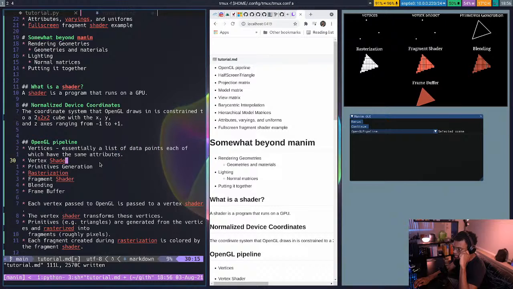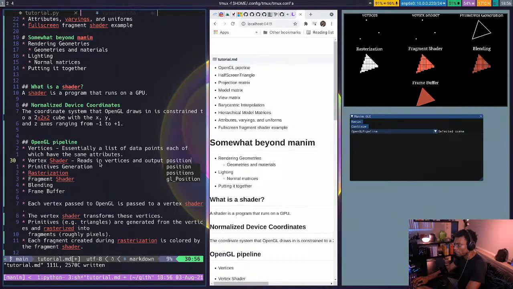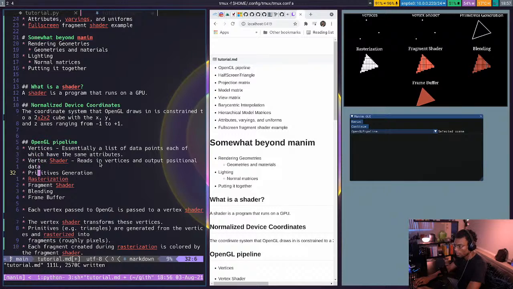List of data points. Vertex shader. In: vertices. Outputs positional data. About to do another painful migration. Yeah, I mean, at this point, I've written a lot of renderers for Manim. And what's one more, to be honest?